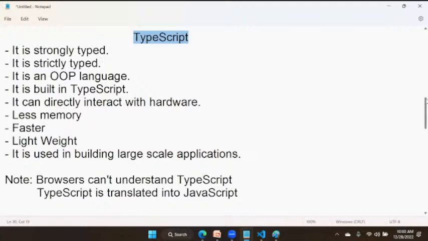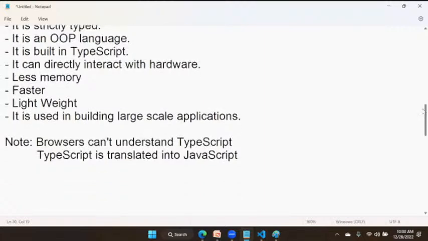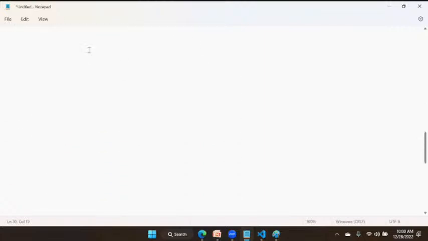Let's see how this works, how we can start working with TypeScript. For that, first, you need to know the environment. How do we set up?